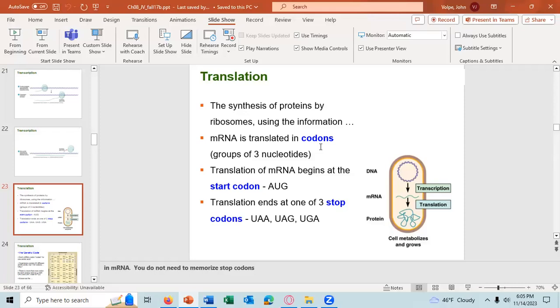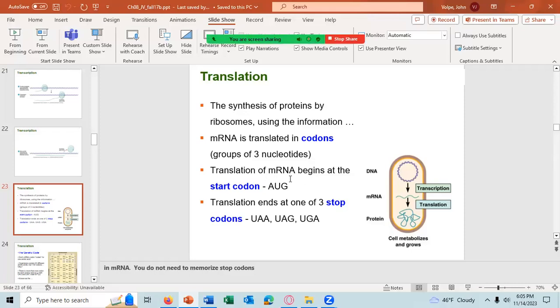Protein translation does not begin until the ribosome reaches the start codon, which is AUG. So once the ribosome binds and moves down, it doesn't do anything until it reaches the start codon, AUG. And you should probably know the start codon because there's only one.